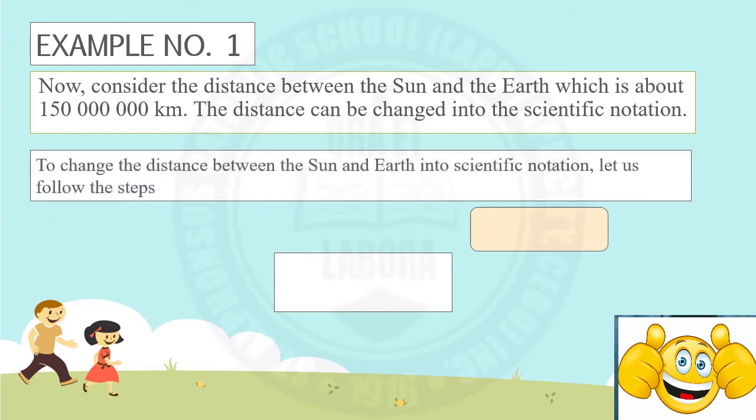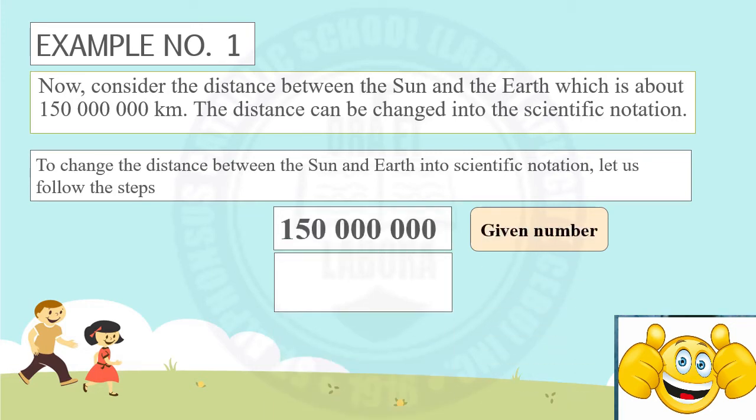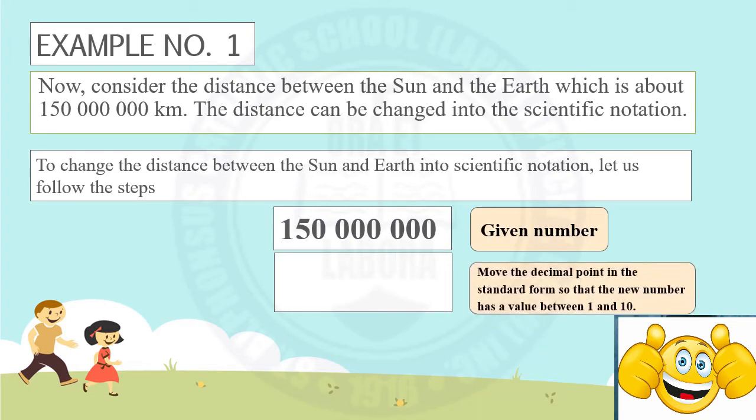To change the distance between the sun and earth into scientific notation, we must follow the steps. First step is the given number, which is 150 million kilometers. Second step, move the decimal point in the standard form so that the new number has a value between 1 and 10.